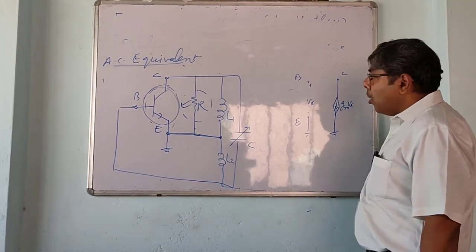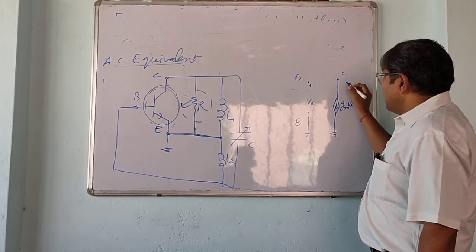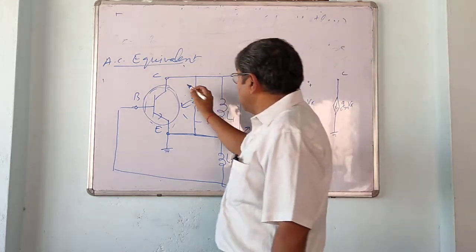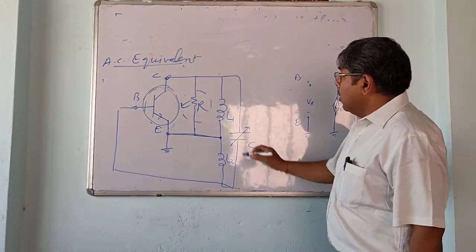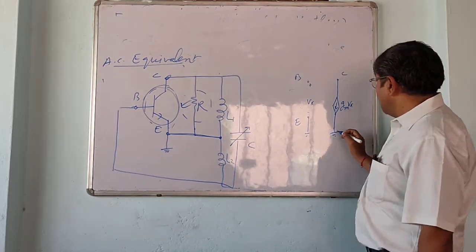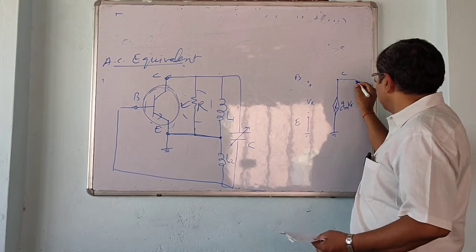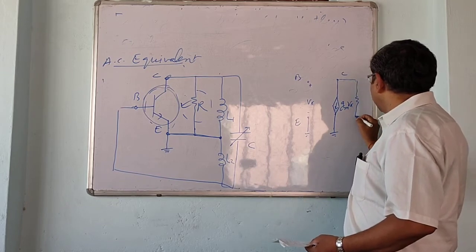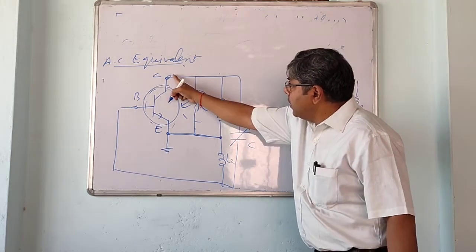See how all these elements are connected. One resistance R is connected between collector and emitter.